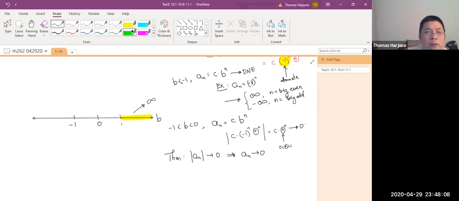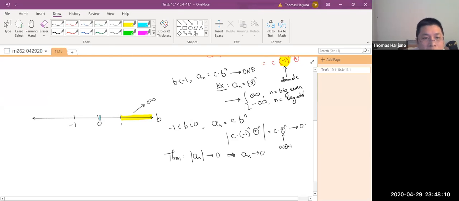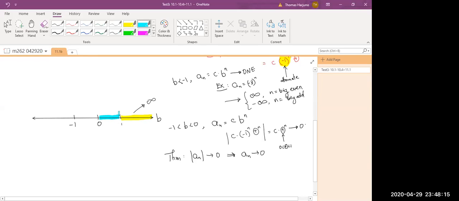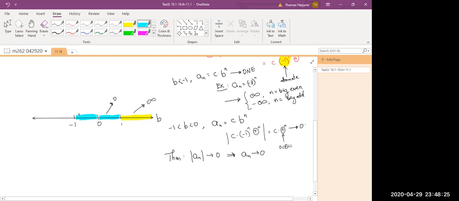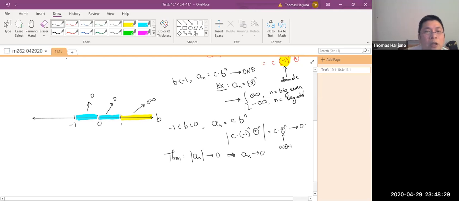Okay, what if it is between 0 and 1? Convergent to 0. What if it is between -1 and 0? Also convergent to 0. What if it is less than -1?